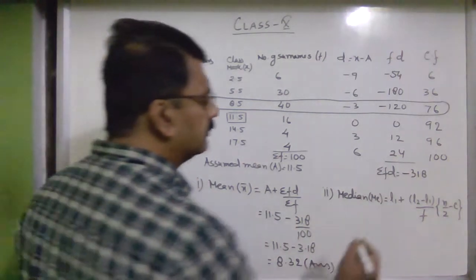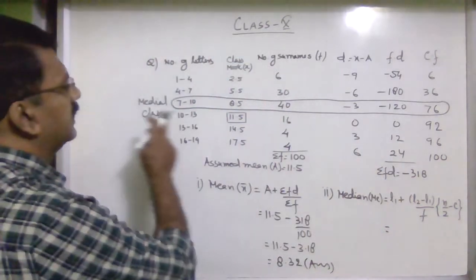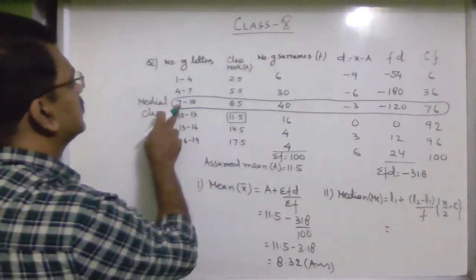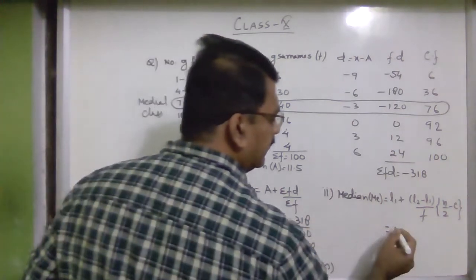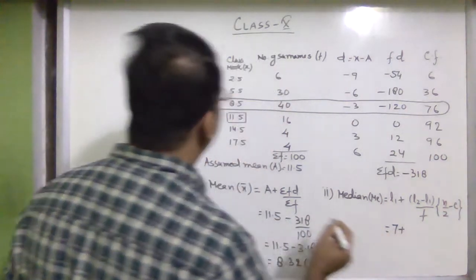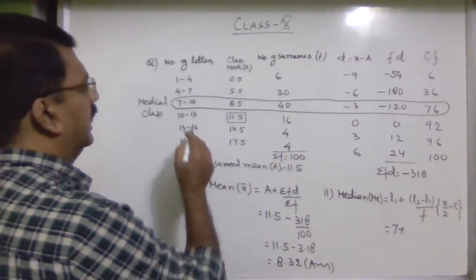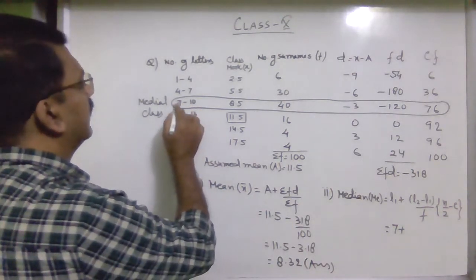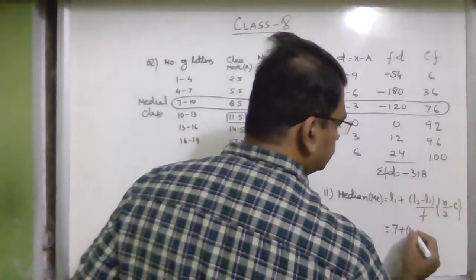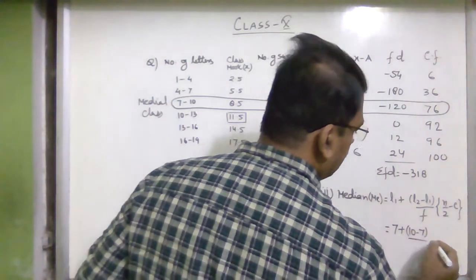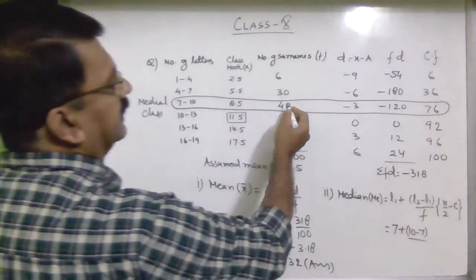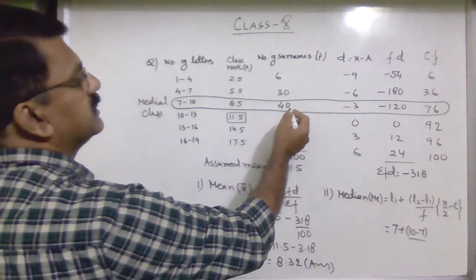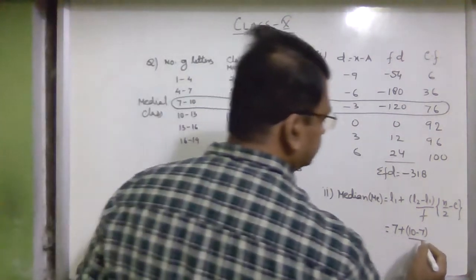So here, as we have already selected the medial class, L1 is equal to 7, the lower limit of the medial class. Then L2 minus L1 means 10 minus 7, upon F. F is 40, the frequency of the medial class.